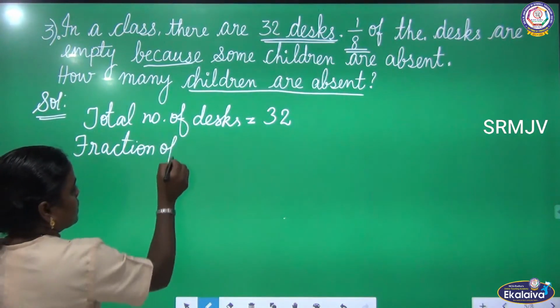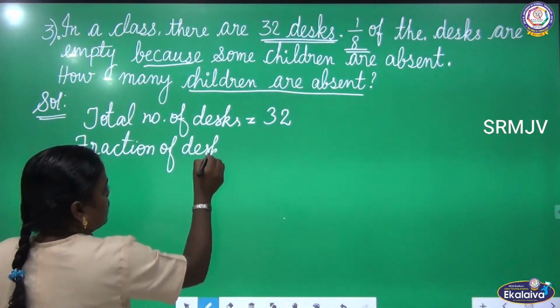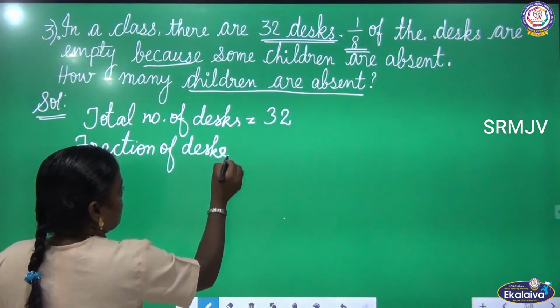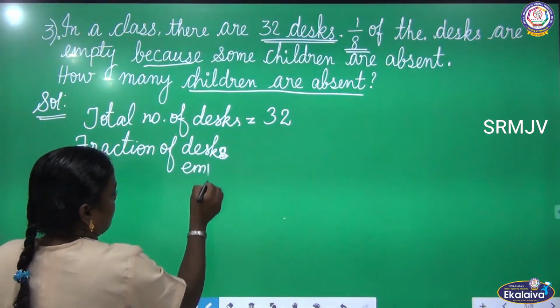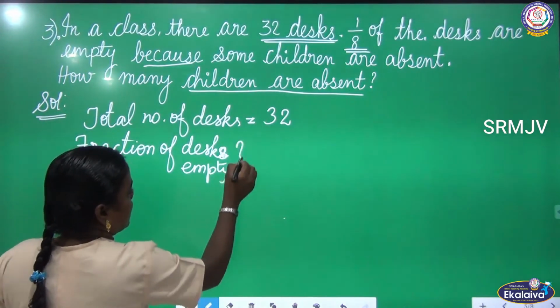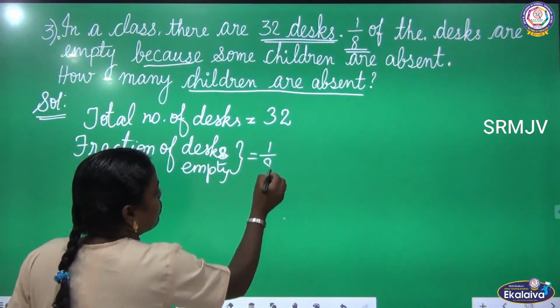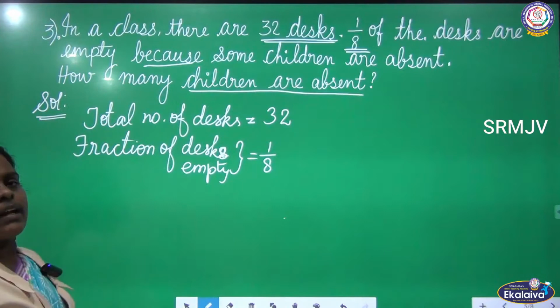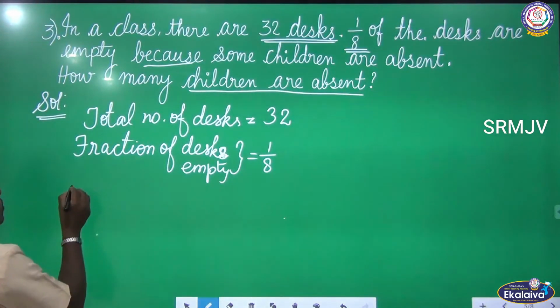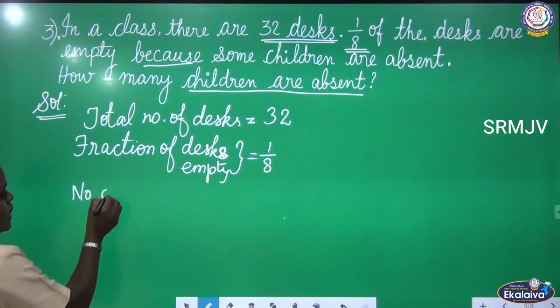Fraction of desks empty. It is 1 by 8. We want to find out the number of children absent. How can we find out, children? Any idea?